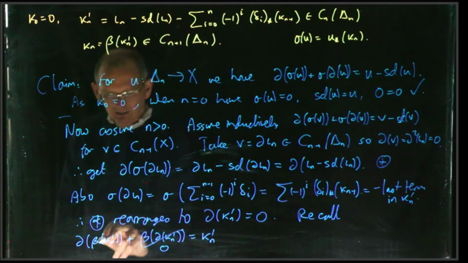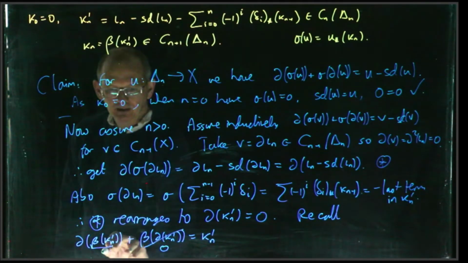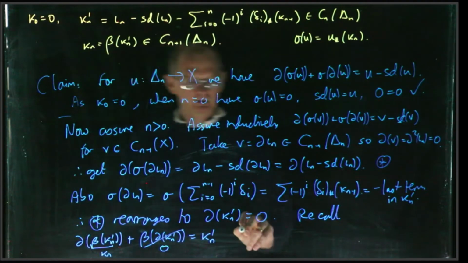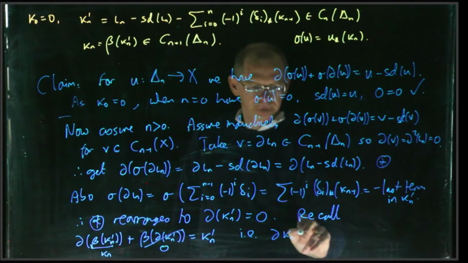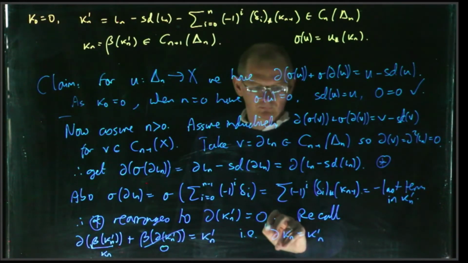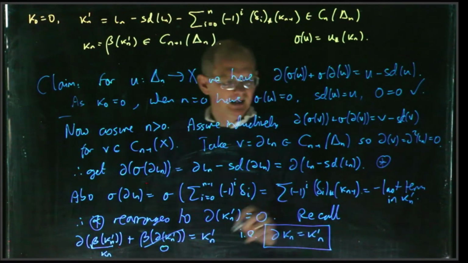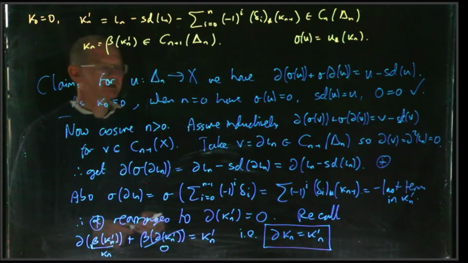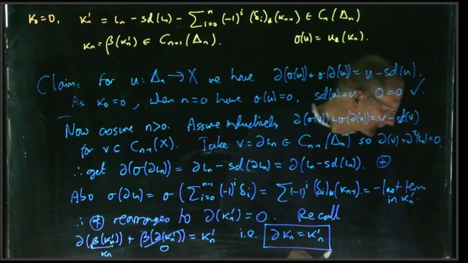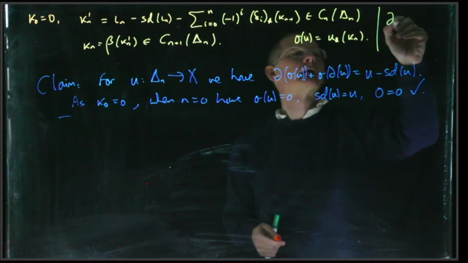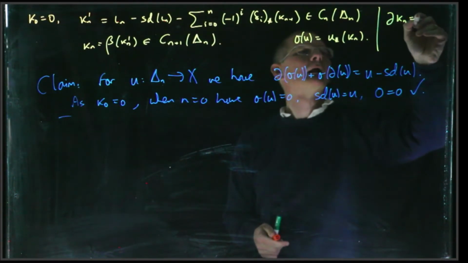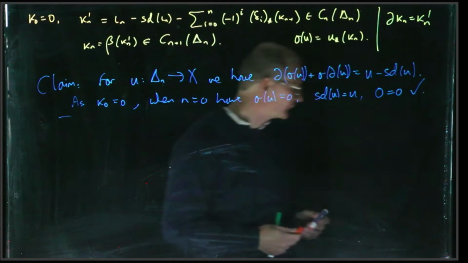And then β κ_n prime is κ_n. So we find that the boundary of κ_n is κ_n prime. So that's going to be a key ingredient. Okay, so we learned that dκ_n is κ_n prime. Let's just record that up there.